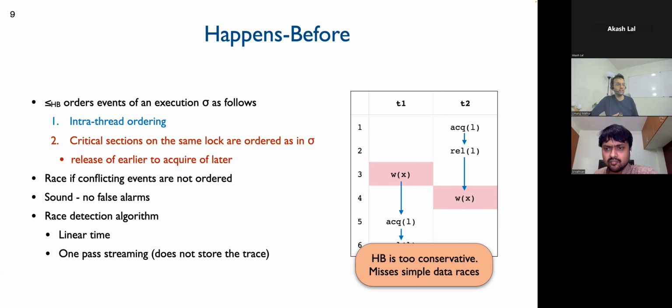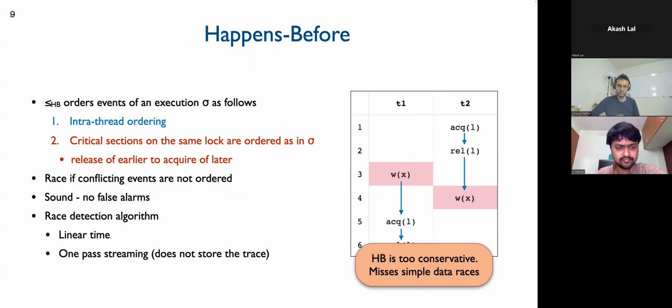It's not like all pairs of unordered events are going to be data races. Rather, there'll be some pairs which are unordered, but they should not be called data races. But if you're just looking for the existence of a data race, that's a sound and complete algorithm in the absence of locks. Nice. Thanks.